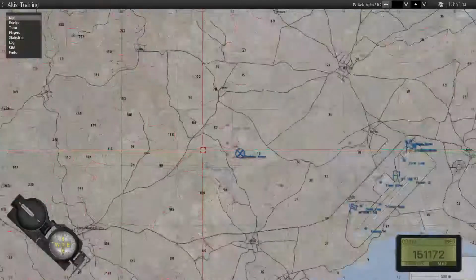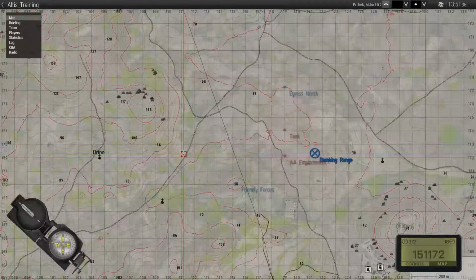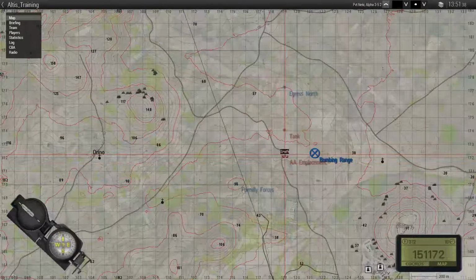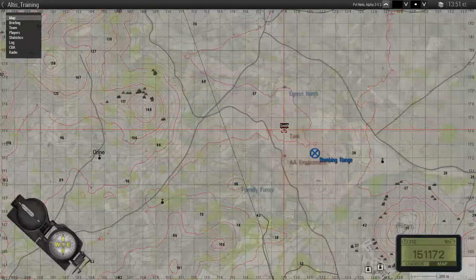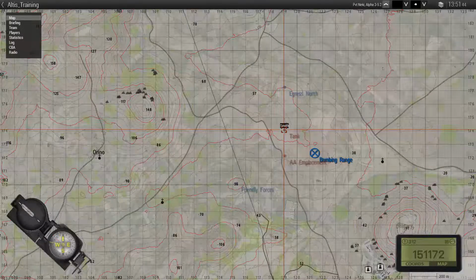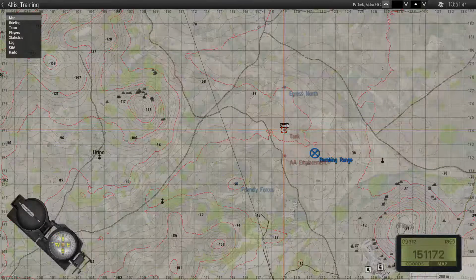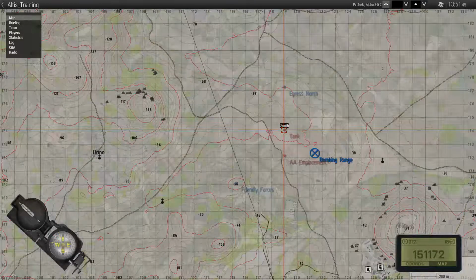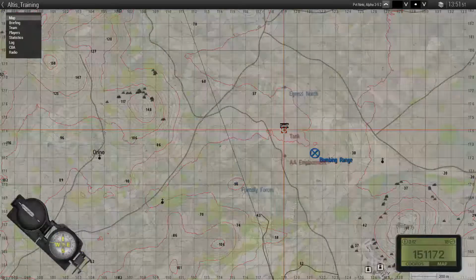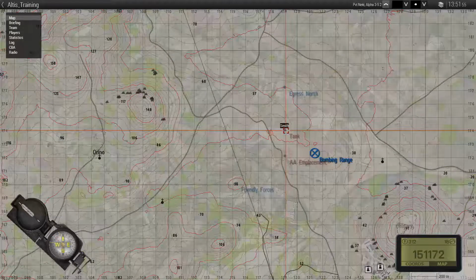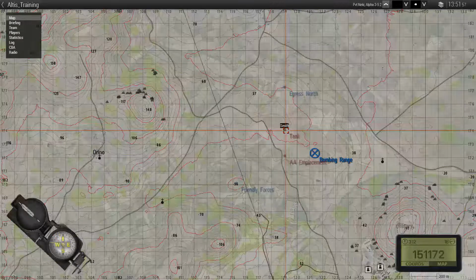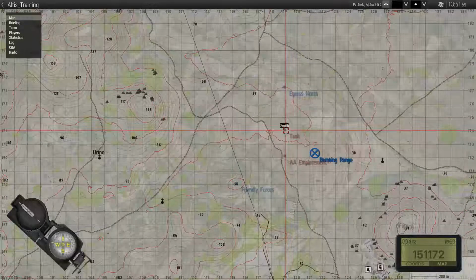Transmitting grids 119174. I copy 119 174 forward.